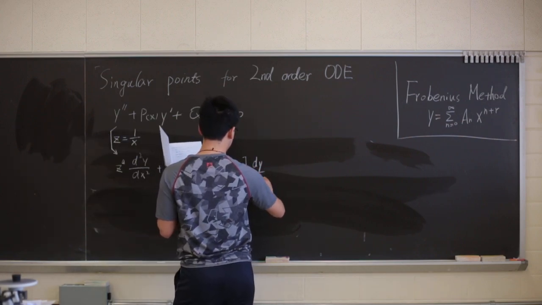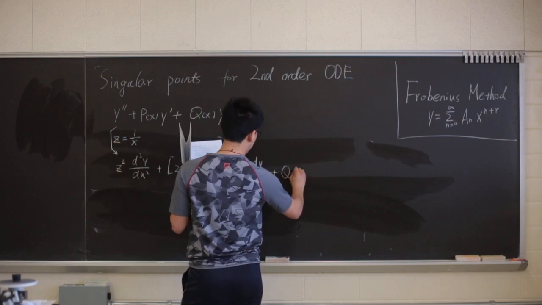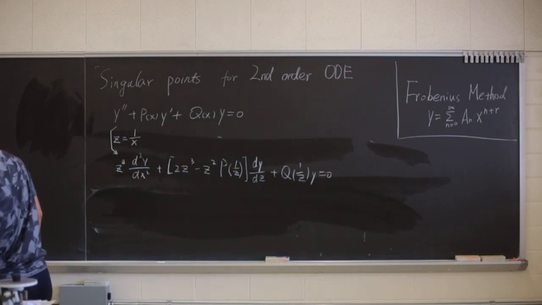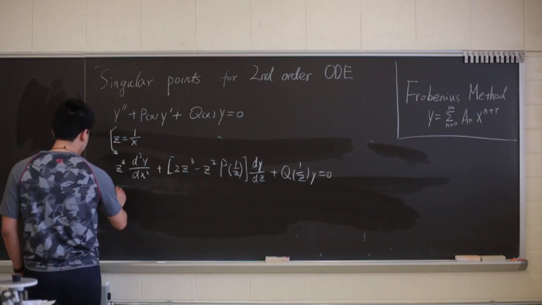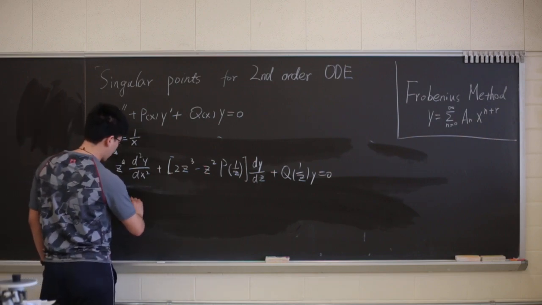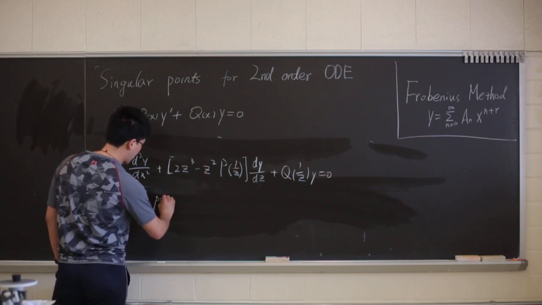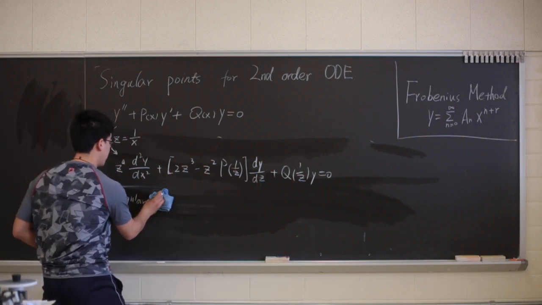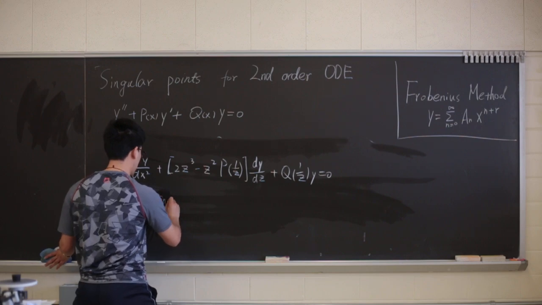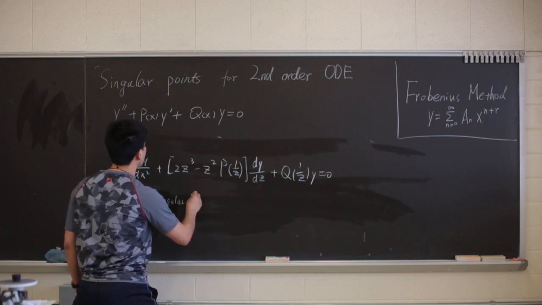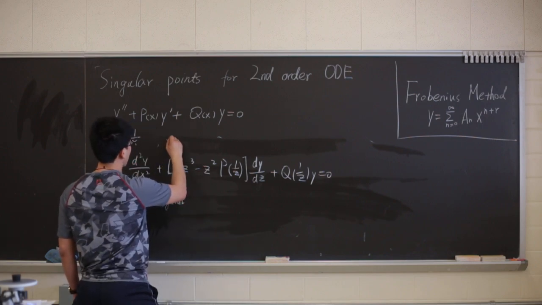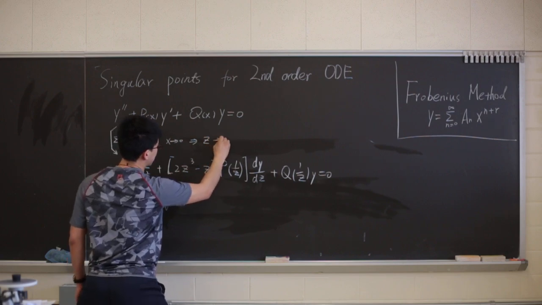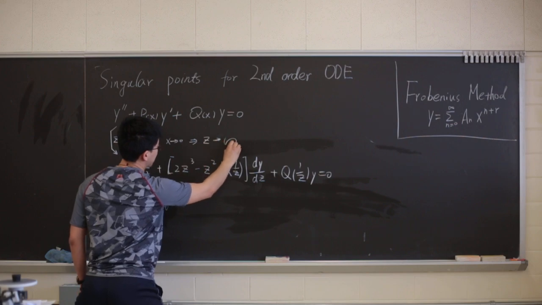So the criteria for regular singular point and irregular singular point will become: z approaching 0 gives x approaching infinity.